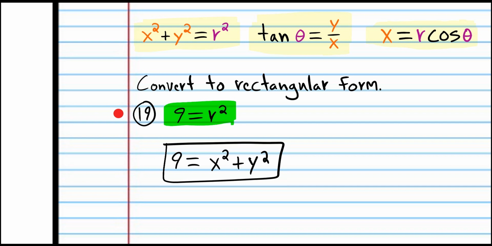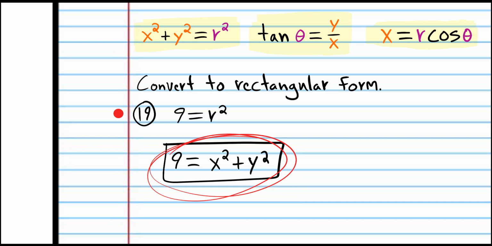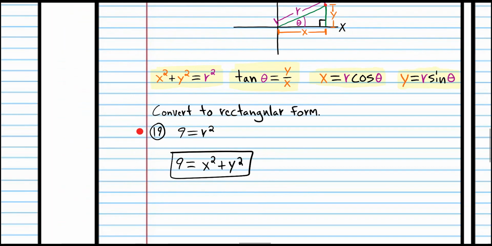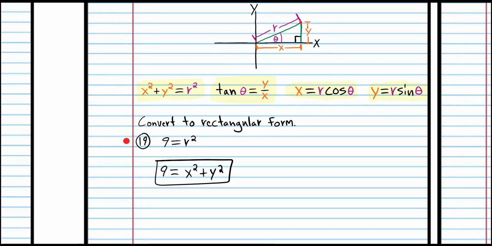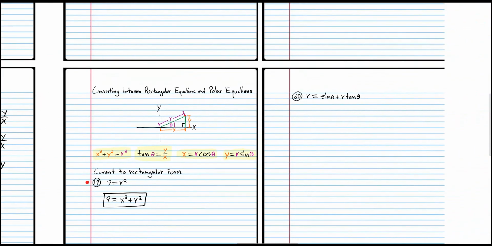So we converted from polar form to rectangular form. And we can see that this is a circle with radius 3. So again, we're going to be converting equations from polar form to rectangular form.